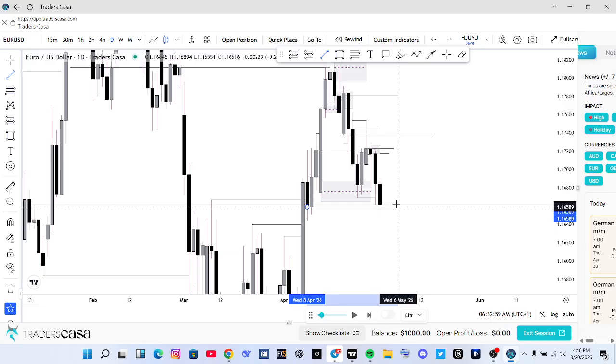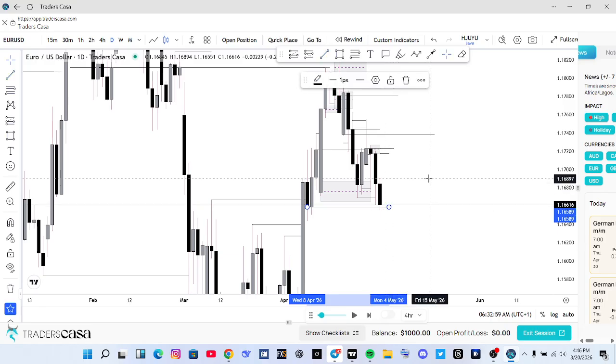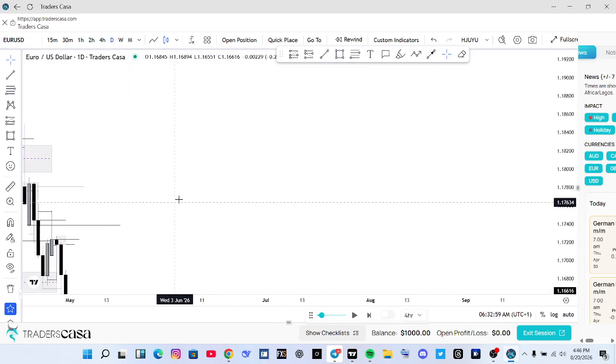A roadblock is those key levels or those supply and demand levels that price will probably react from or create rejection from. Let me give you guys an example.